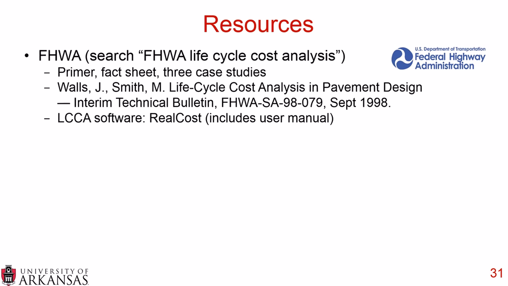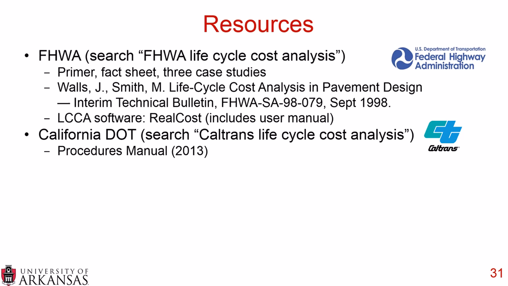And if you want to look at that directly, you can just Google the FHWA SA 98079. That sequence there, that's the report number, and that report will pop up. But it's also posted on their website. And FHWA also has a lifecycle cost analysis software. It's called RealCost, and that includes a user manual. You'll be happy to know that that incorporates probabilistic modeling, so you get a little bit of that uncertainty analysis.